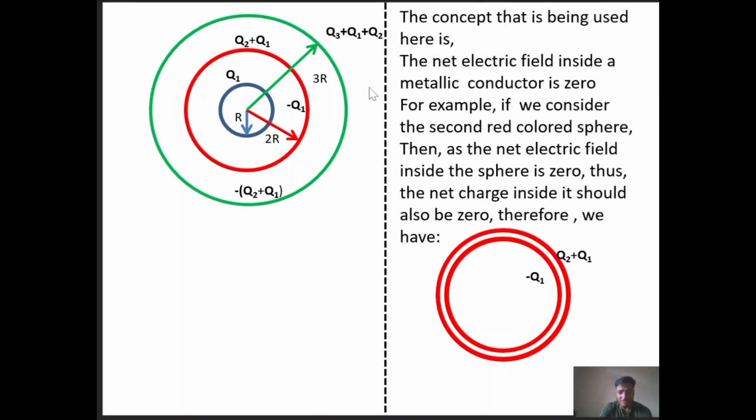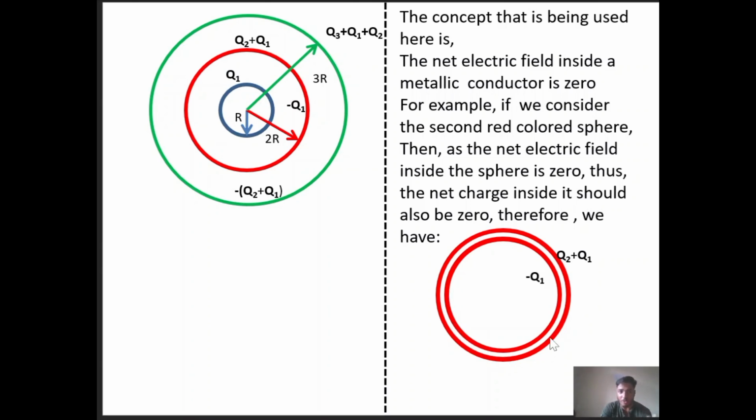Now, for example, if we consider the red spherical shell over here, and we have another shell, the white colored shell, inside this red spherical shell, then we know that the net electric field inside this whole red spherical shell will be equal to 0.